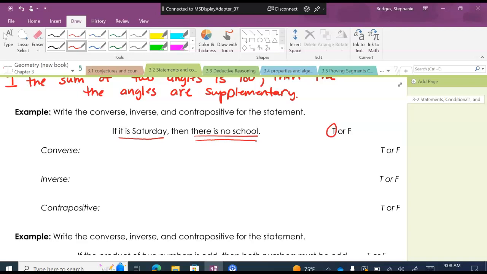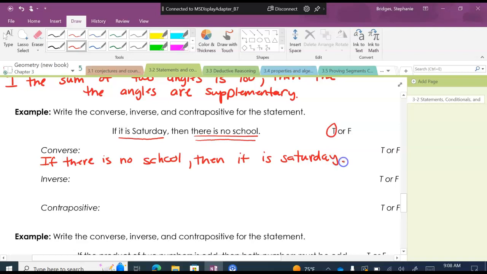So what would my converse say? If what? Okay, so my converse should say, if there is no school, then it is Saturday.